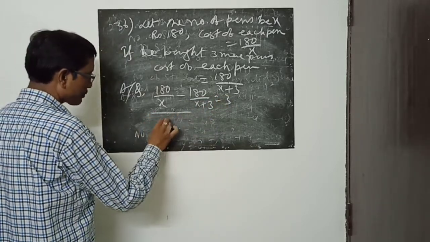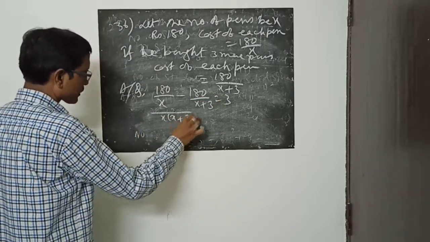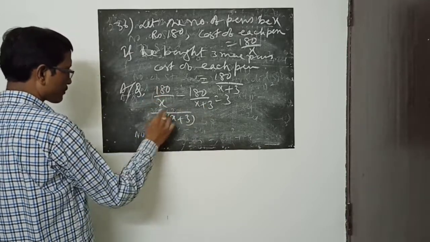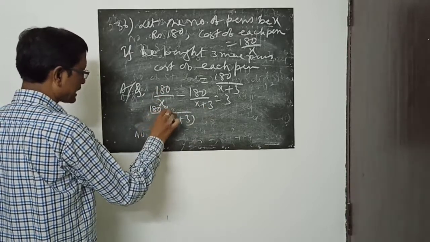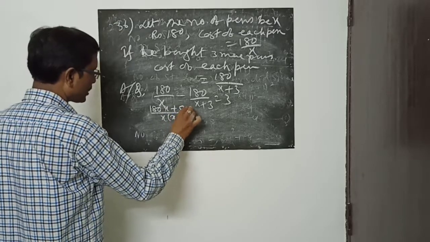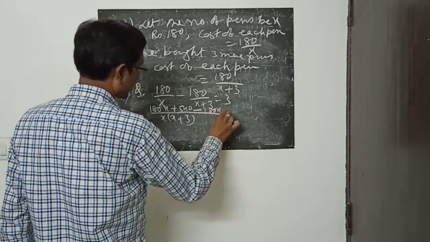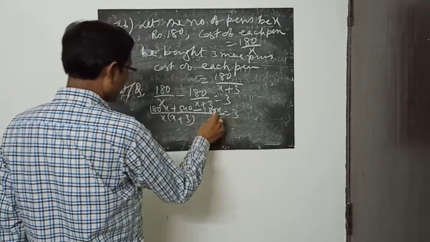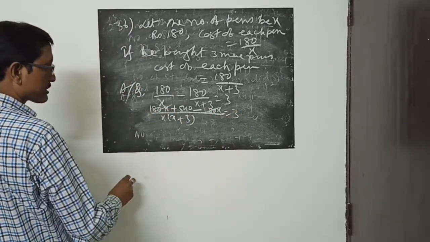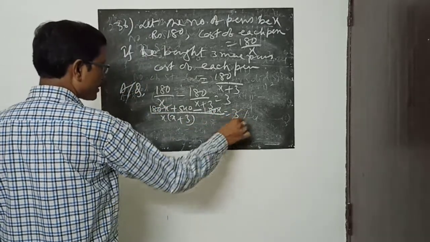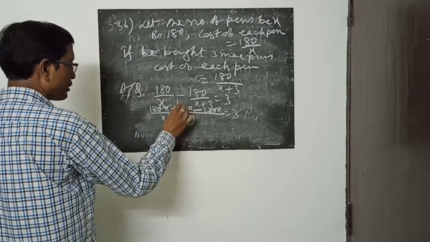So a simple way to solve this one. It will come 180 into x plus 3, means 180x plus 540 minus 180x is equal to 3. 180x will be cancelled. If you want, you can also cancel it by 3, so ultimately you will get 180.